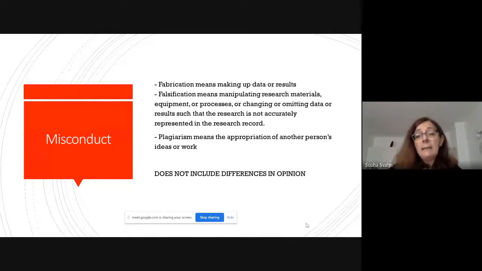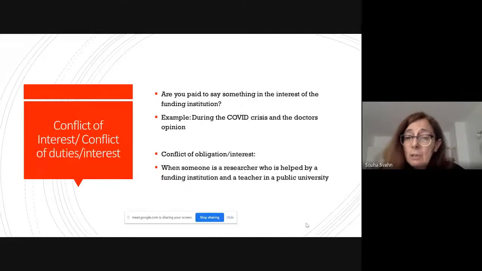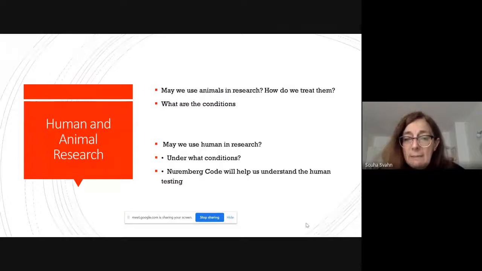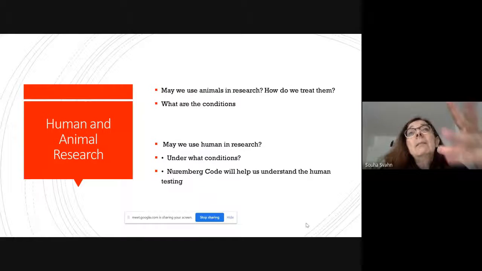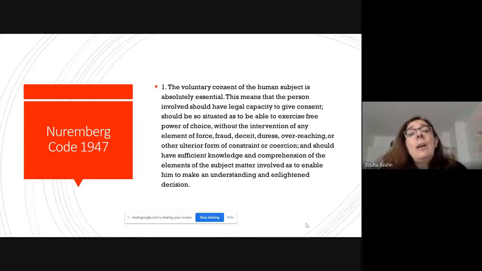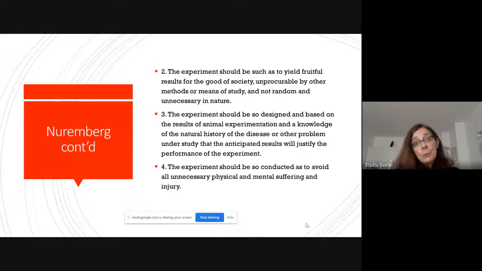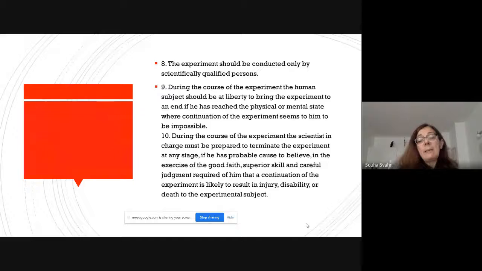And number 10, last, during the course of the experiment, the scientist in charge must be prepared to terminate the experiment at any stage. If you are a good researcher, you have to follow steps, of course, but while following steps, you can say maybe after step 2, we will stop it.